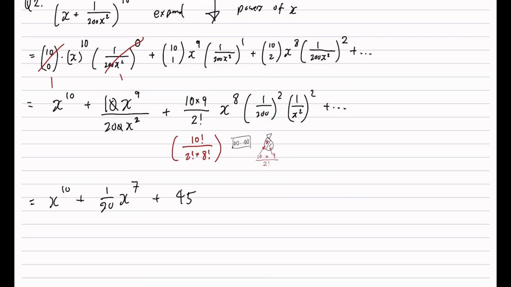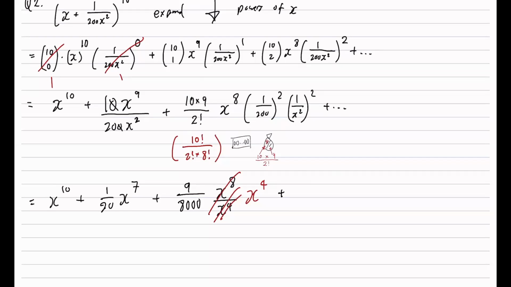I'm just going to use my calculator straight away. So 45 times 1 over 200 squared, I get 9 over 8,000, multiplied by x power 8. Then 1 over x squared, squared is 1 over x power 4. Then I can simplify it straight away into x power 8 minus 4, which is 4.